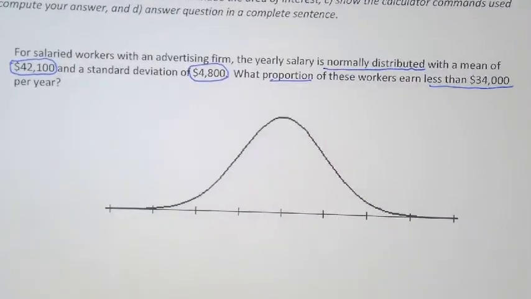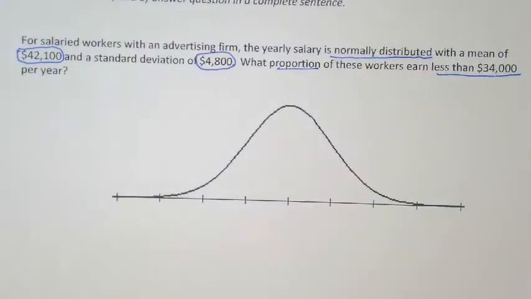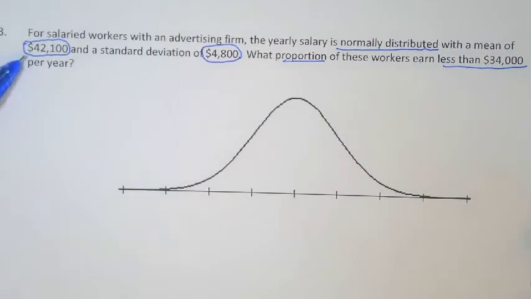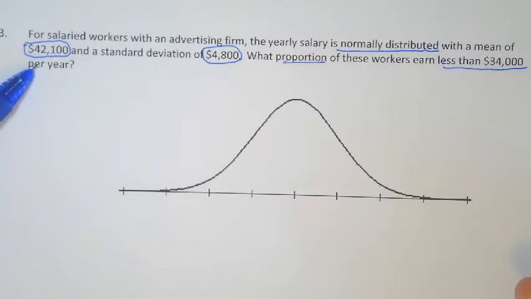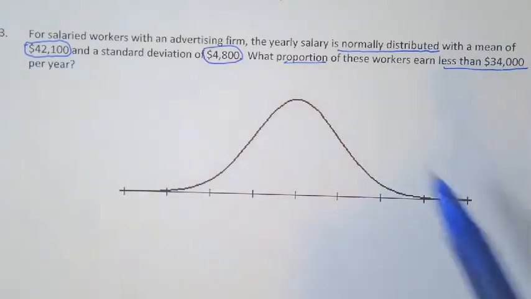So they've given us the scenario about salaries from this firm. They've told us the mean salary is $42,100, and they're asking us to figure out, given that, what proportion of these workers actually have a salary that's less than $34,000 per year.